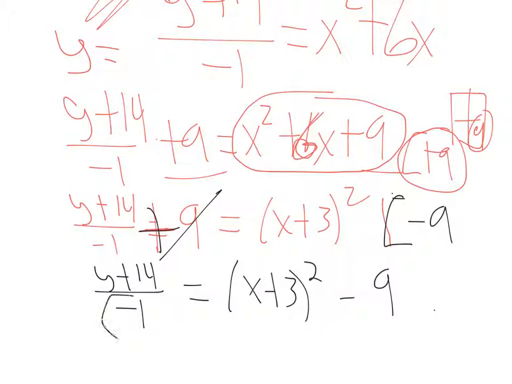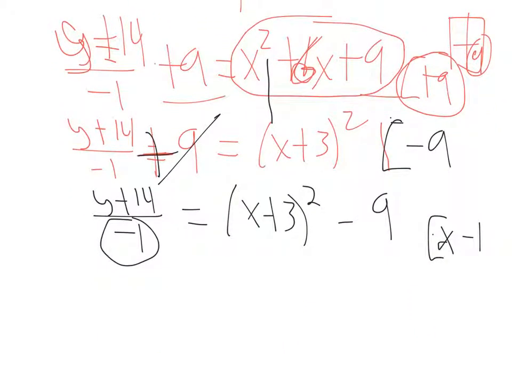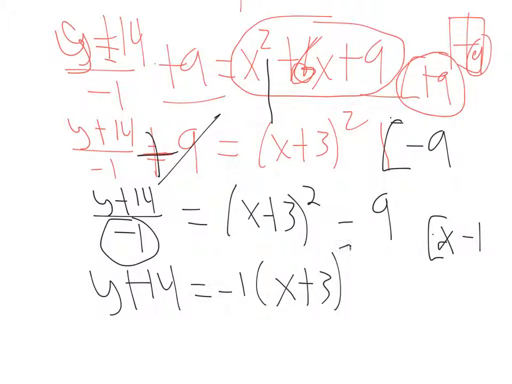And now I need to multiply by negative 1. How do we do that? We just do y plus 14 equals negative 1 bracket x plus 3 squared, but now it's going to be plus 9.